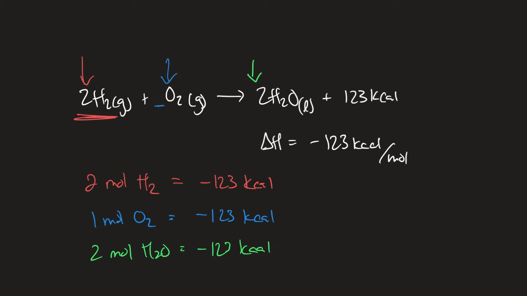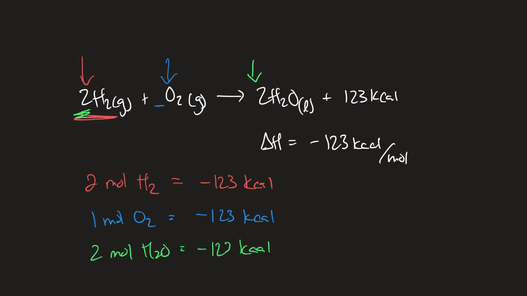The point I'm trying to make is that when you look at the mole-mole relationships between each of the reactants and products, the number here tells us the number of moles that is needed or used to have this much energy attached to it.